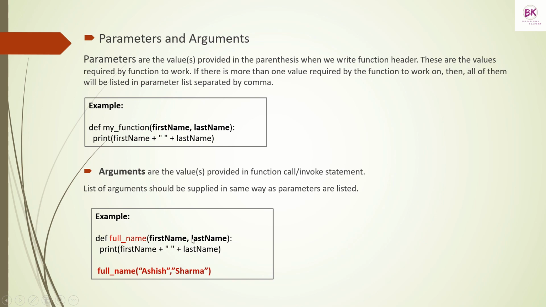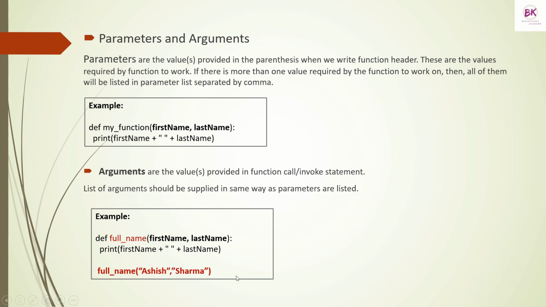So here first_name and last_name are the parameters, and while calling this function from the other part of the code, we call the function name followed by passing the arguments. Here I am passing the arguments, the first name as Ashish and last name as Sharma. So finally it should print Ashish Sharma as the full name.